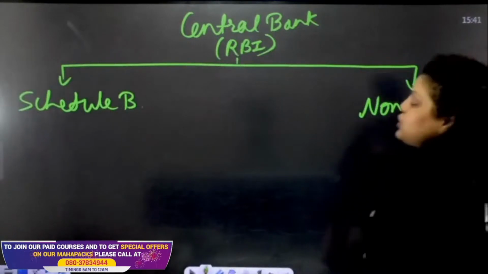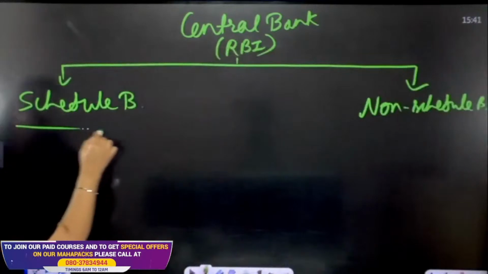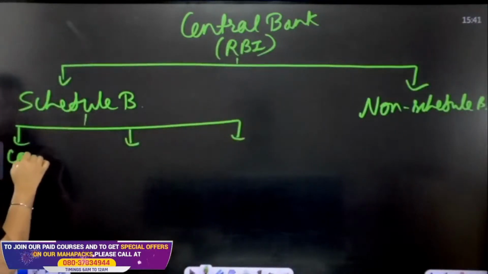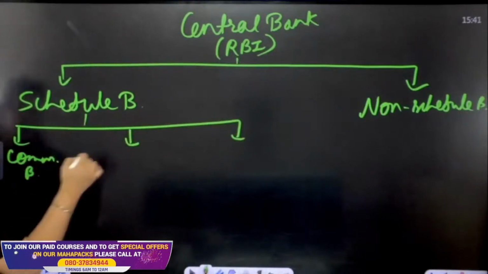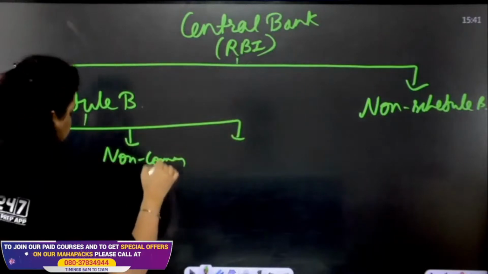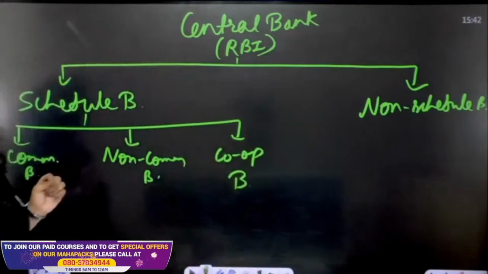Okay, now the scheduled banks are further divided into 3 categories: commercial banks, non-commercial banks, and cooperative banks. So these 3 categories have been seen.